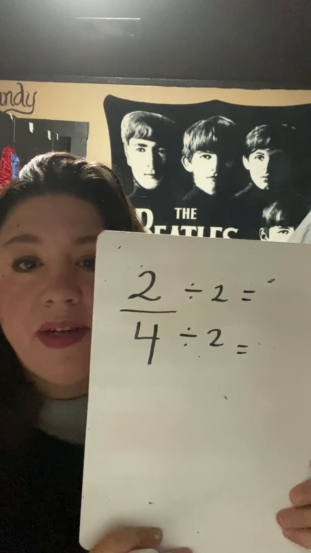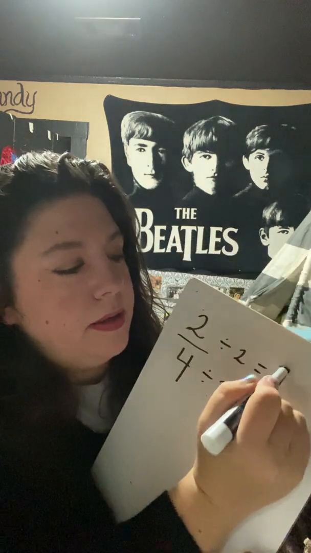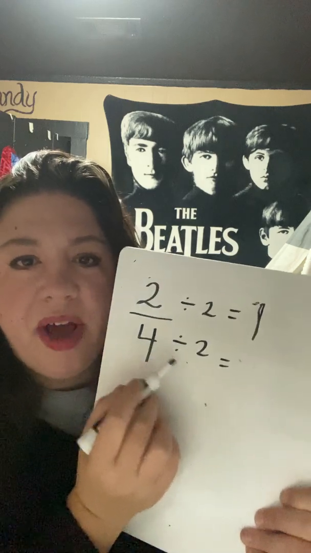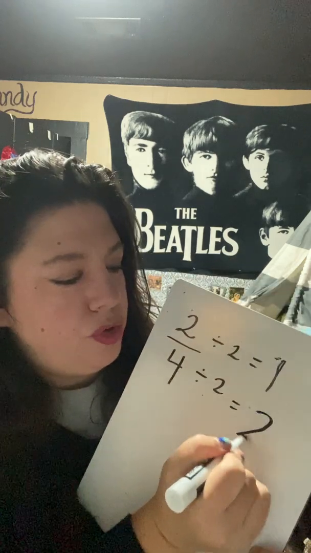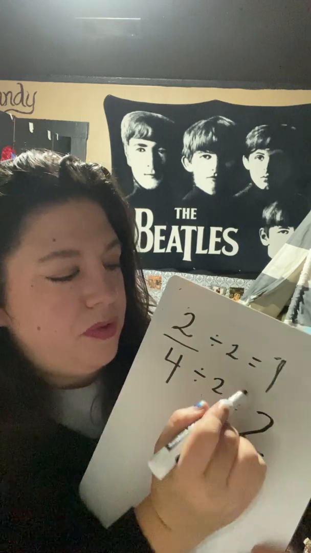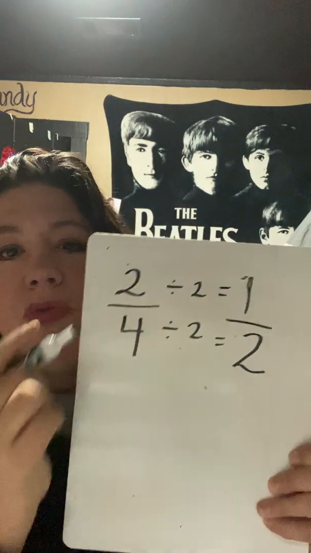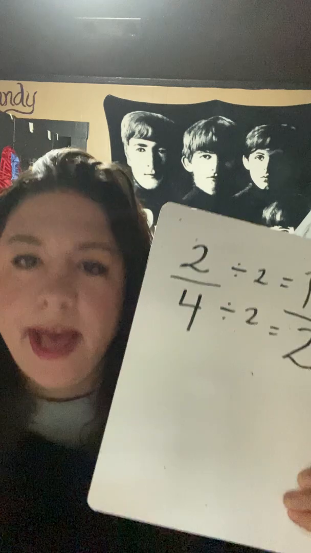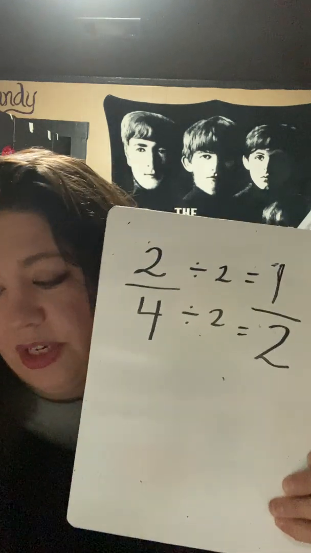Two divided by 2 is 1, because 1 times 2 is 2. 4 divided by 2 is 2, because 2 times 2 is 4. So 2/4 and 1/2, yes, they are equivalent fractions.